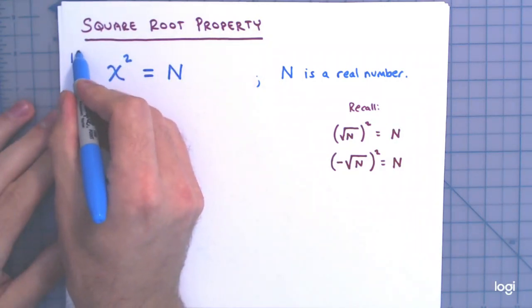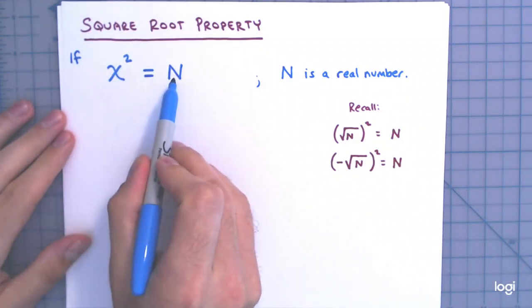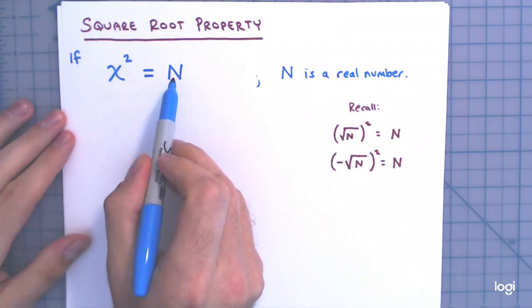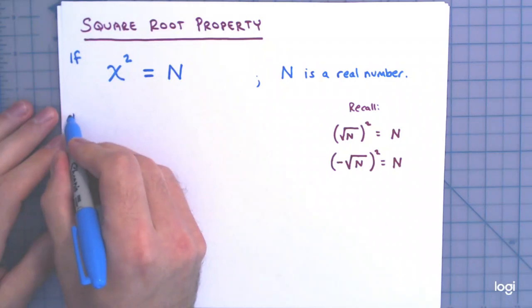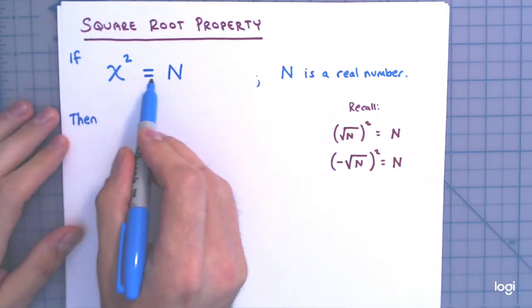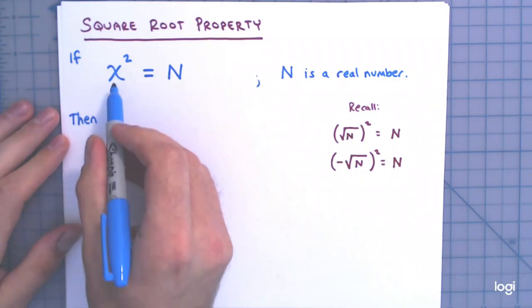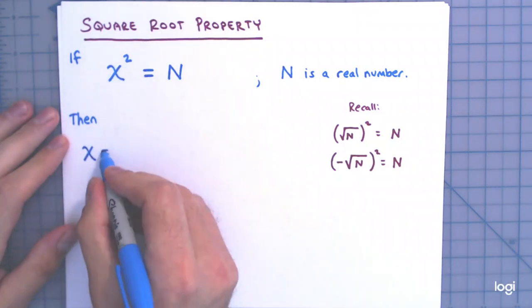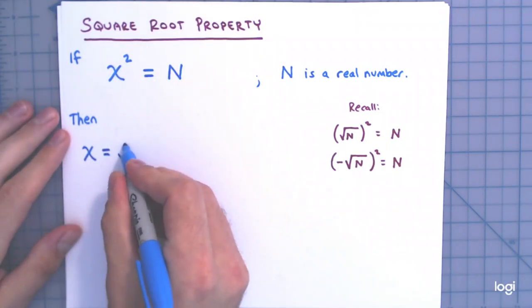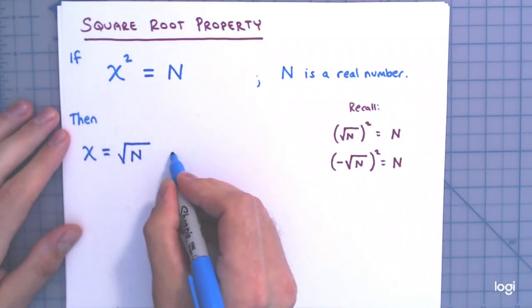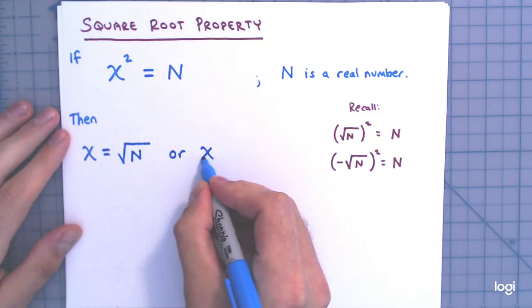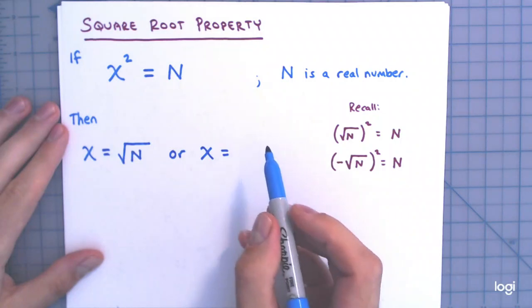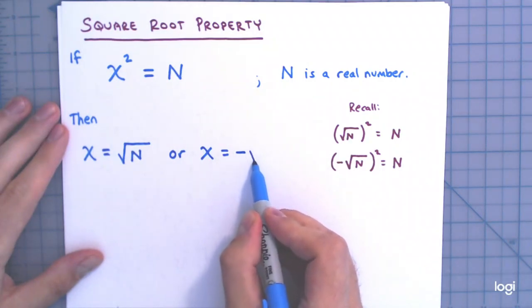So this is what the square root property states. It states that if you have an equation that looks like this, a quadratic equation, some variable expression squared equal to some real number, then the possibilities that make this a true statement are that x, the value of this base, the thing being raised to the second power, could be the principal square root of n, or x could be the negative square root of n.